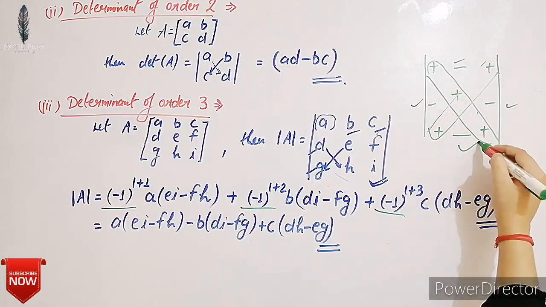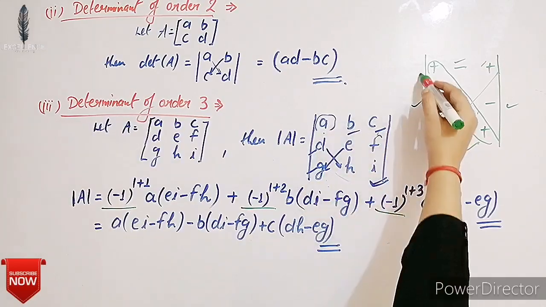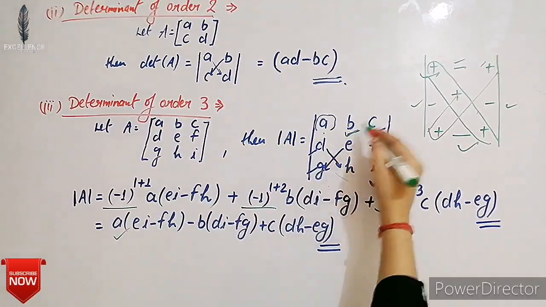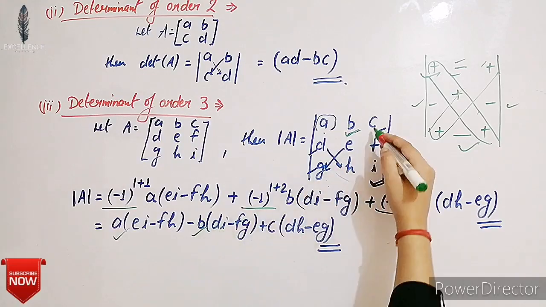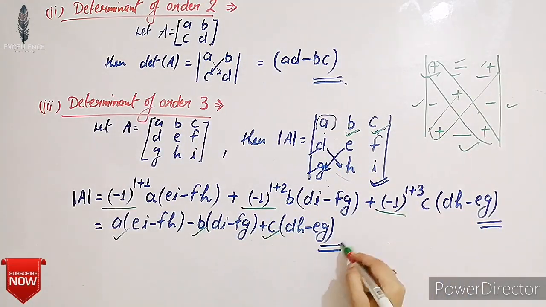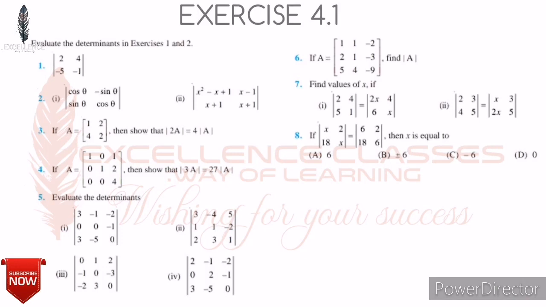Check: here we have a, which is a diagonal element, so positive. b is non-diagonal, so negative. c is a diagonal element, so it is positive. Okay, clear?